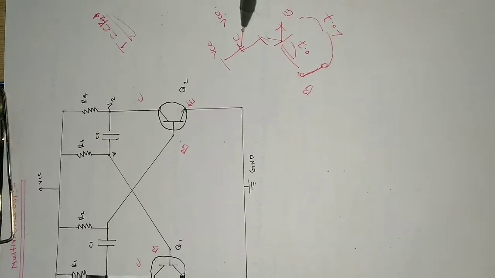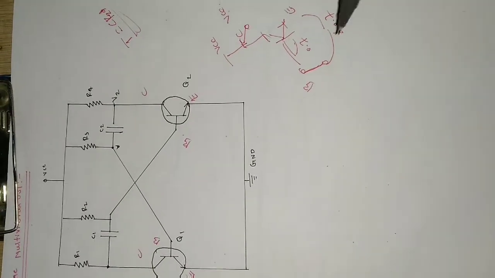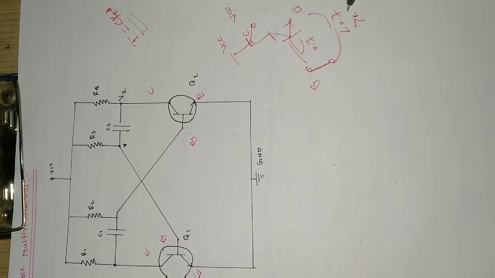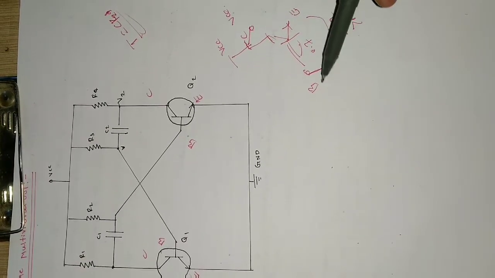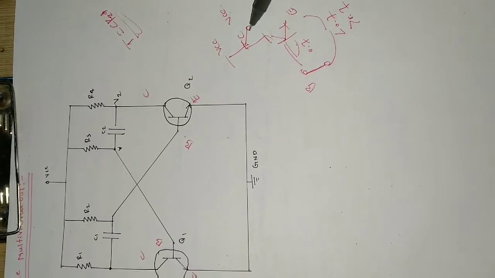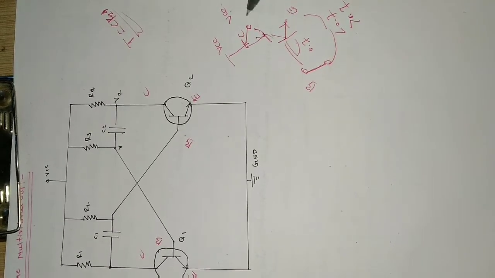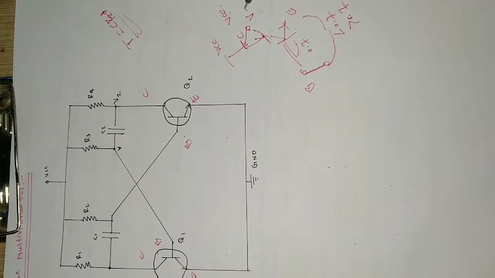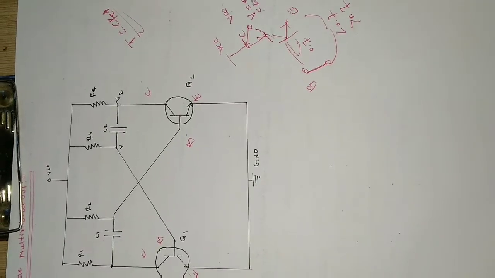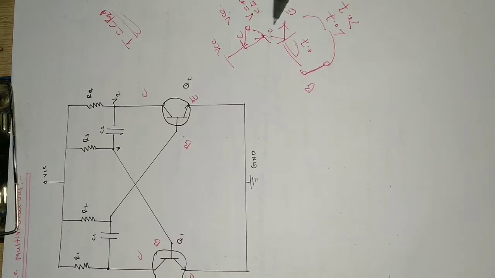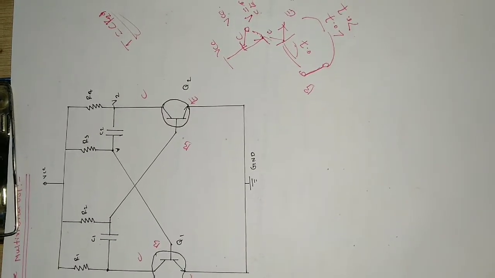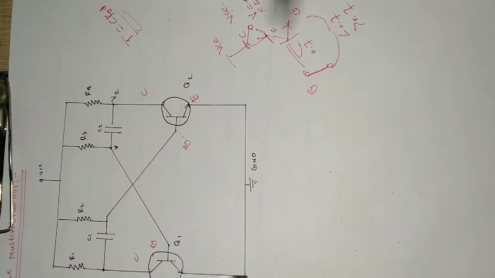And when the base-emitter voltage becomes greater than 0.7, at that time this transistor will get activated and this will be like a closed switch, and the collector-emitter voltage VCE will go to zero. So this is how the basic transistor works.